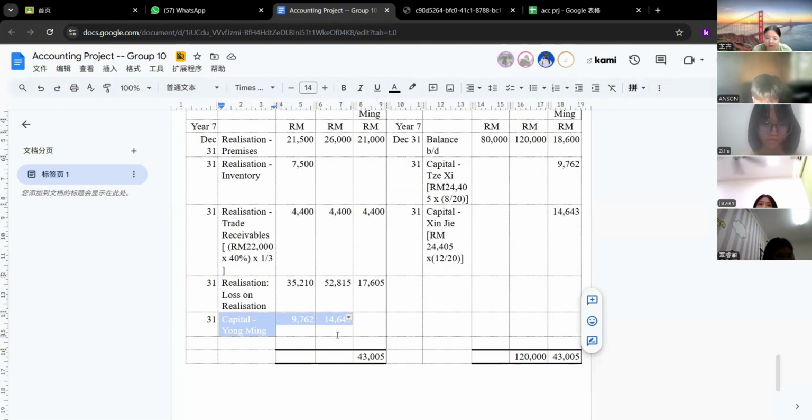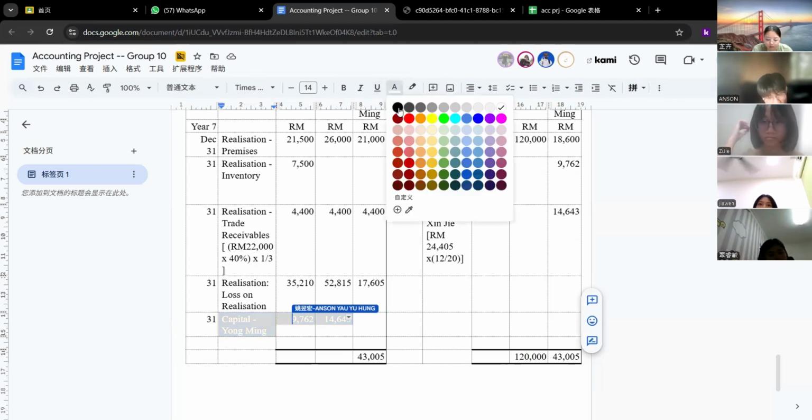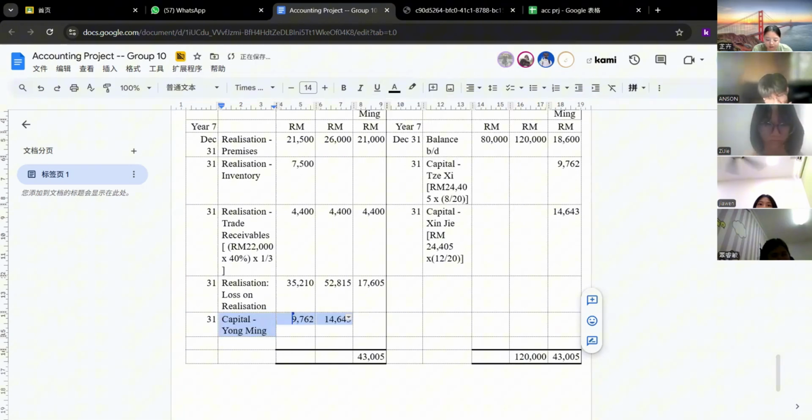So we need to take the 80,000 of Zixi's minus the whole debit side, and we will get 1,628 for Zixi, and Xingjie will get 22,142.